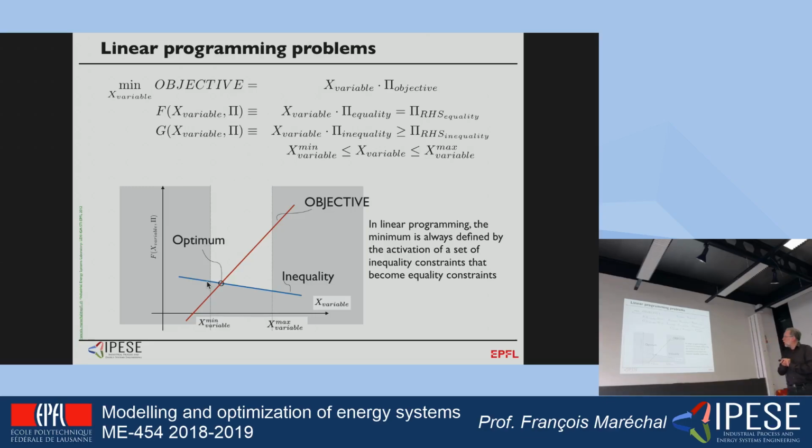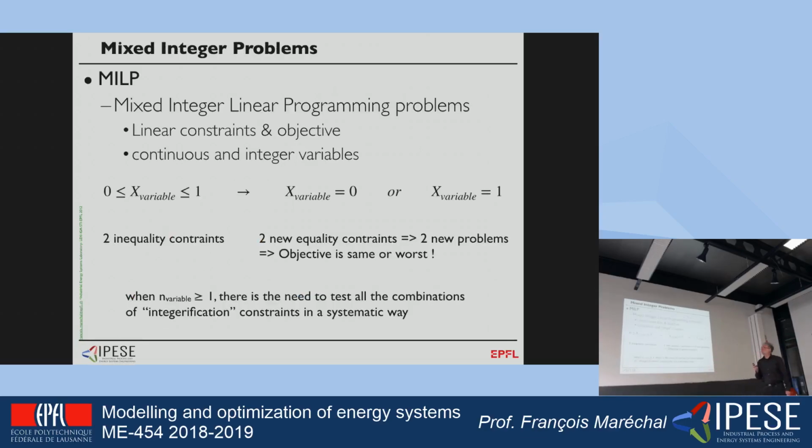Now, this is the first type of problem. This is the one that you have solved, and in reality you have solved a mixed integer linear programming problem, not linear programming only. What does it mean? It means that some of your variables that you had here, that were between 0 and 1, needed to choose between being equal to 0 or being equal to 1.